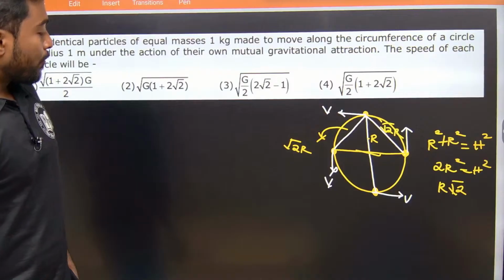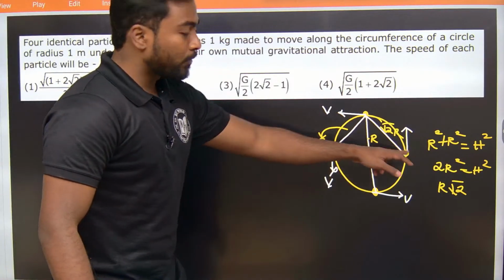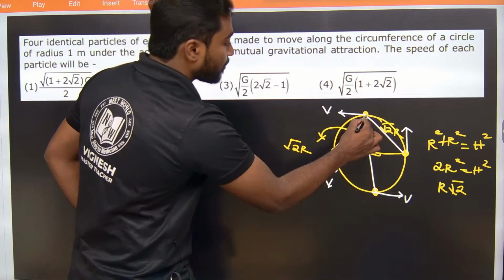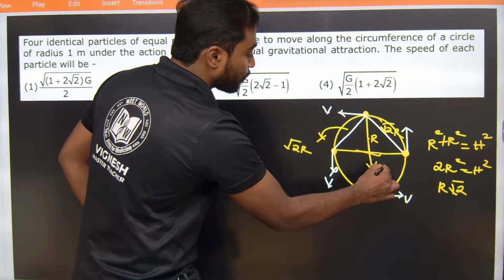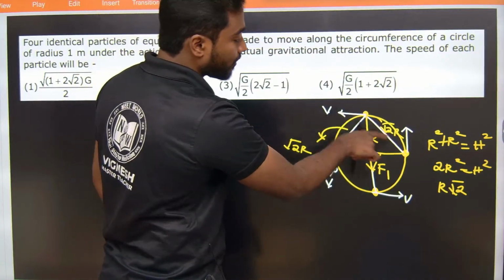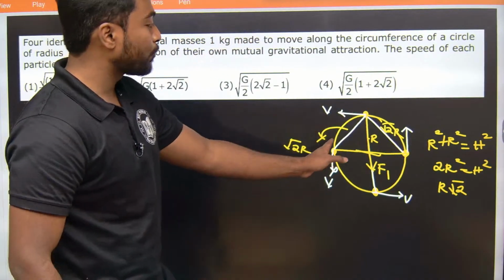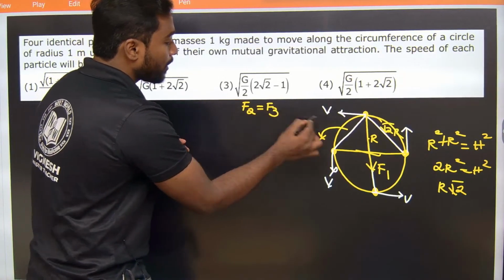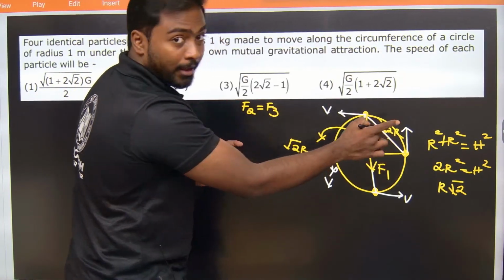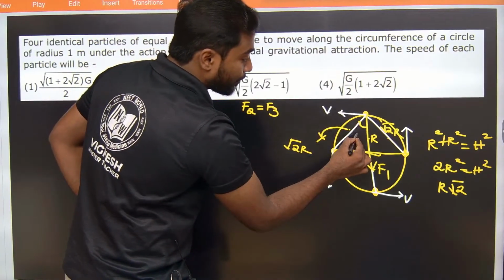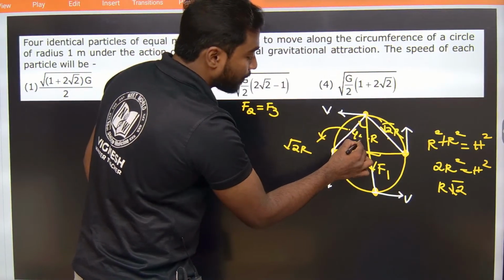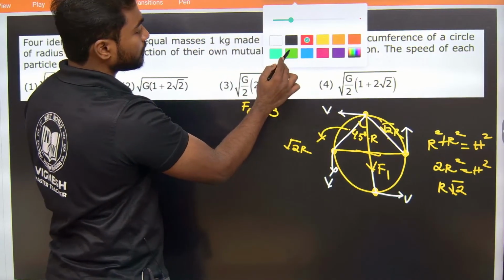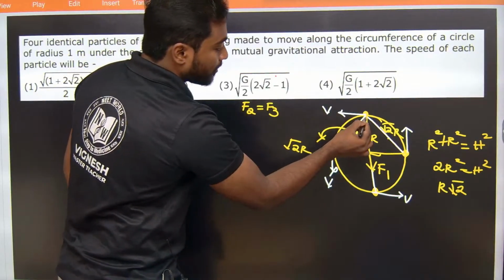Now if I take particle 1, and this is 2 and 3. Suppose this is my force F1. What about F2? This is F2 and this is F3, both are the same. Consider F2 is equal to F3. What is the angle made here? The angle made is 45 degrees.